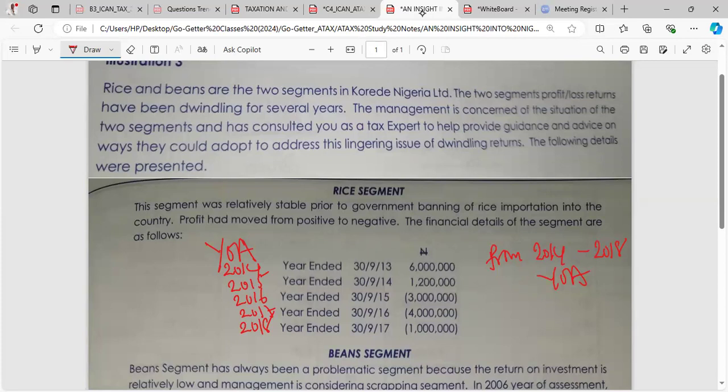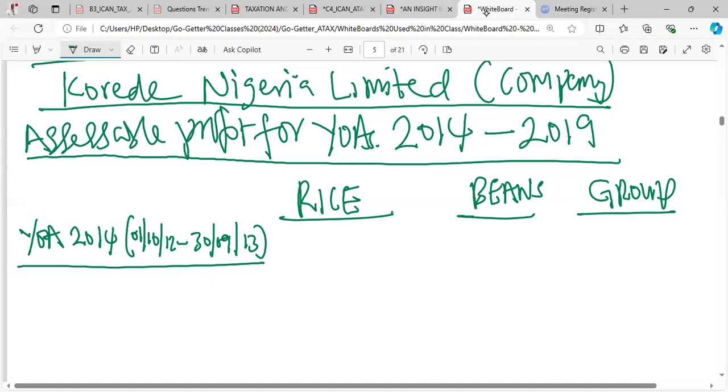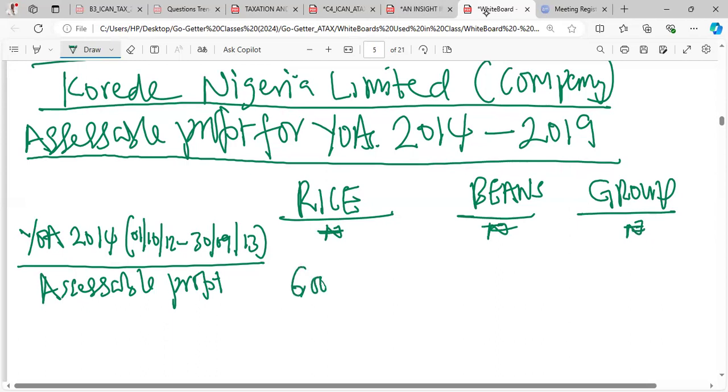The accessible profit is 6 million. So I will say accessible profit, let me put my Naira sign here. So this is 6 million. Of course, there is dash, and the group is 6 million. That's it. We found the accessible profit for that year.